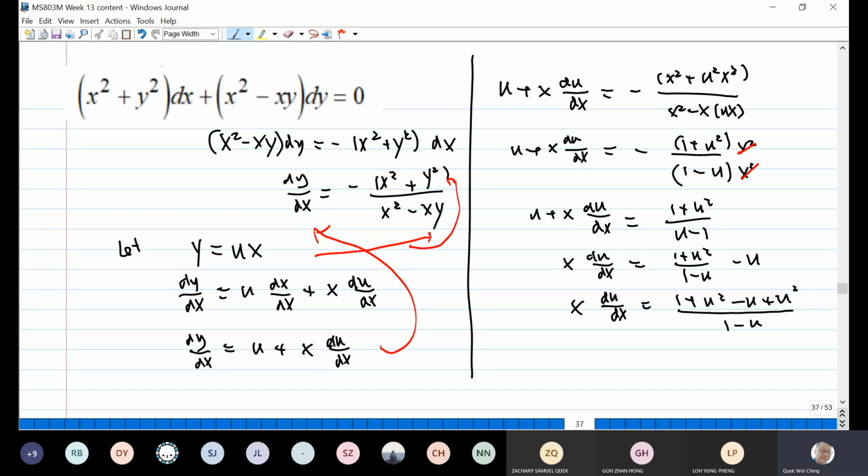Minus u squared. So I have x du dx here. 1 minus u. This is 1 minus u, right? Plus 2u squared. Doesn't look correct to me.